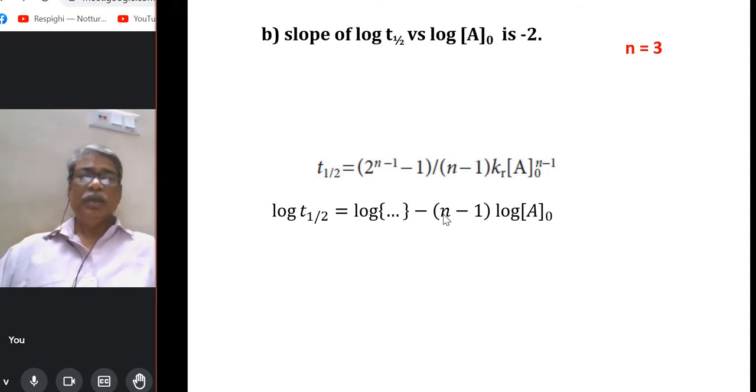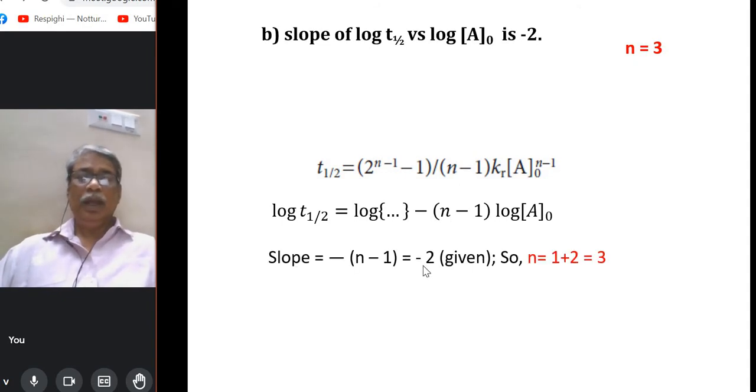So minus is coming, this n minus 1 power of A0 comes here before log A0. So log T half versus log A0 gives you a straight line with a slope of minus n minus 1, and that is minus 2 given. So simply n equal to 2. So it's verified that the order for this question is 2. Got it? Please try it on your own, if not that.